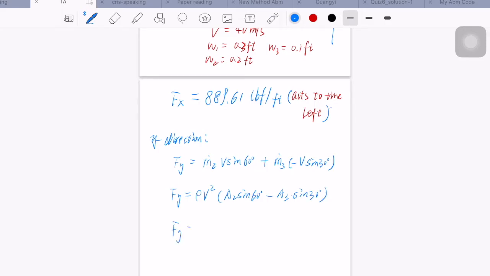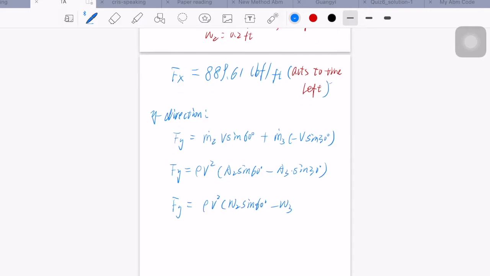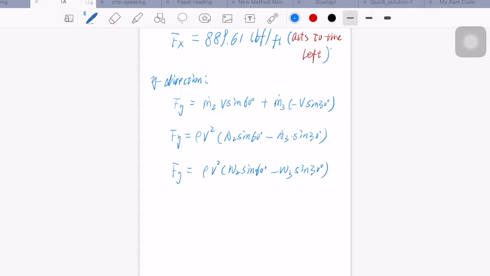We have Fy equal to rho times V squared times W2 times sine 60 degrees minus W3 times sine 30 degrees. And we know rho equals 1.94 slug per cubic feet, and V equals 40 meters per second, W2 equals 0.2 feet, W3 equals 0.1 feet.